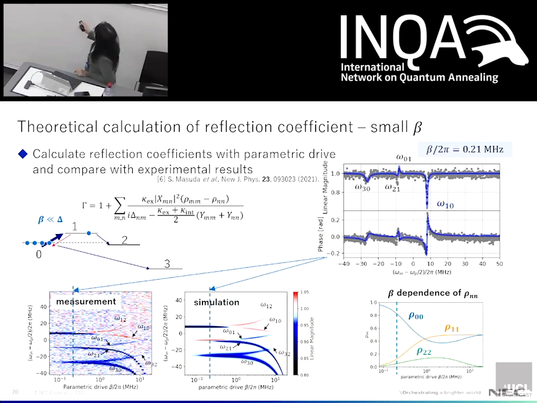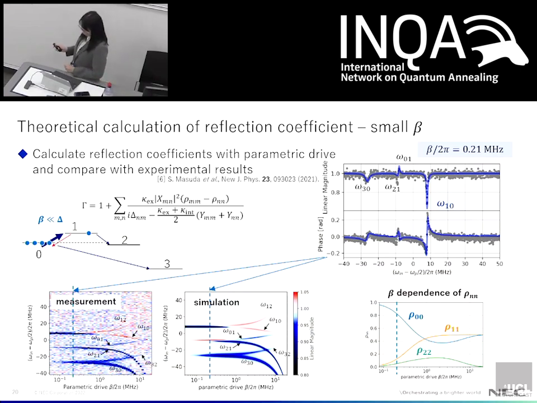Here, the amplitude of the parametric drive beta is 2 pi times 0.21 megahertz. In this small beta regime, the population is concentrated on state 0. So the dominant peak is the transition from state 0 to 1. This is what I showed as the resonance frequency.